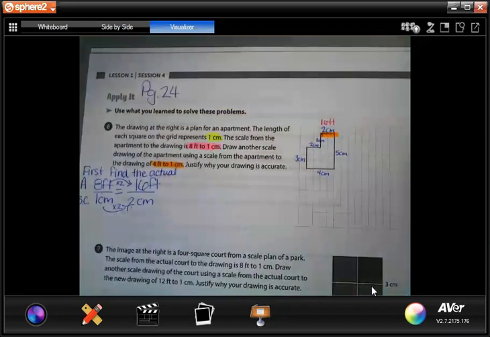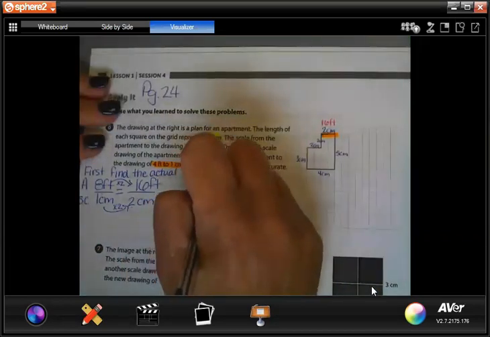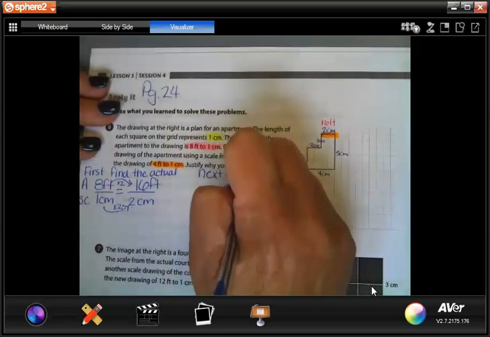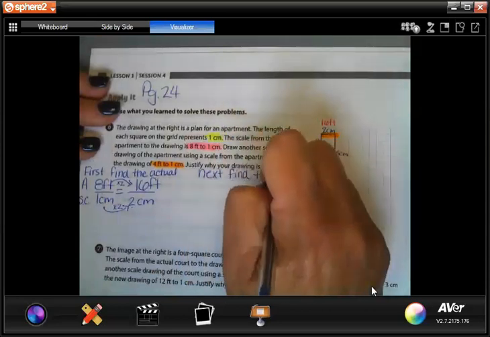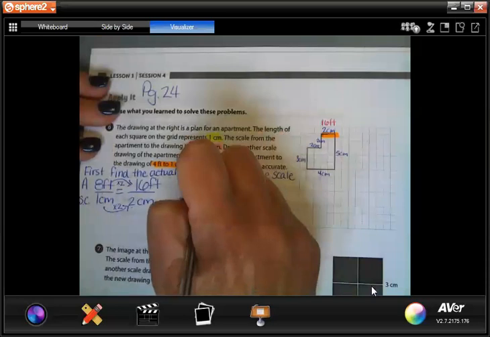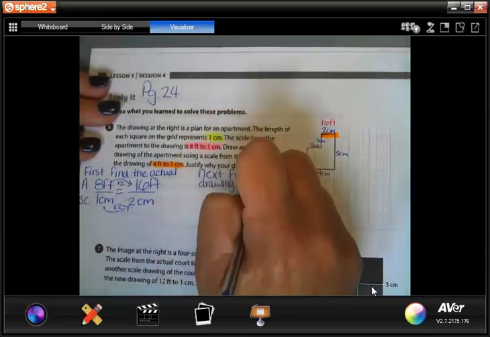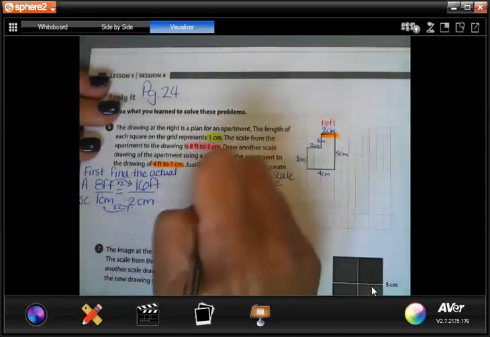All right, so next, we're going to find the scale drawing using the new scale.